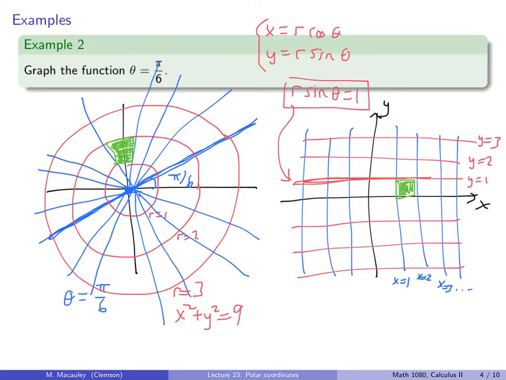Similarly, this constant function, x equals 1, is the set of all points satisfying r cosine theta equals 1. So the moral of the story is, if we're working with functions that are circular, polar coordinates is often easier. If we're working with curves that have straight lines, Cartesian coordinates are typically easier.